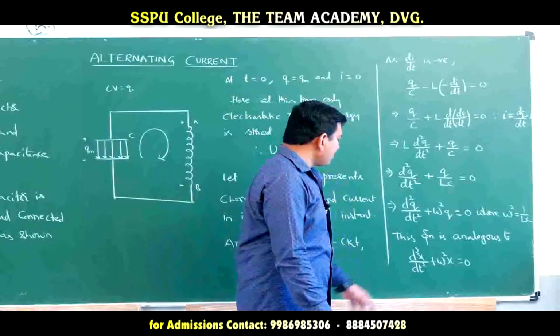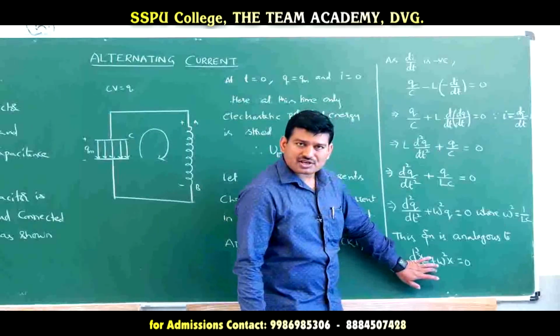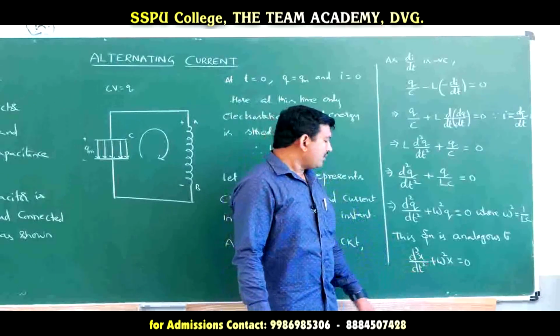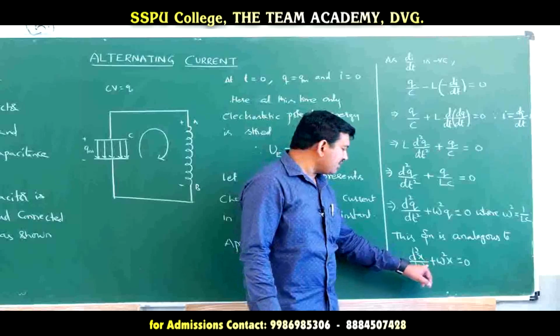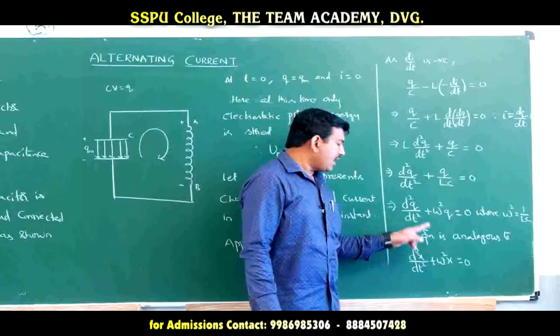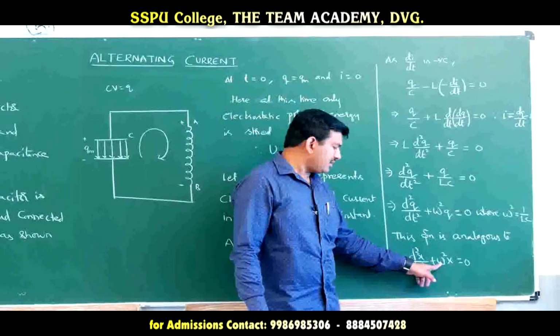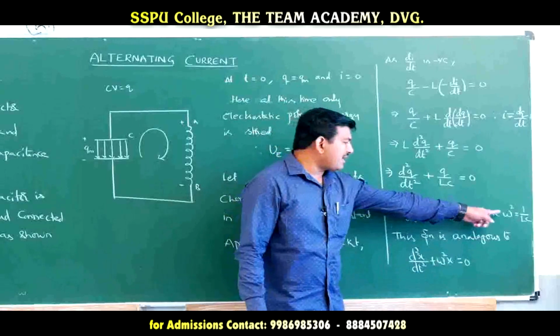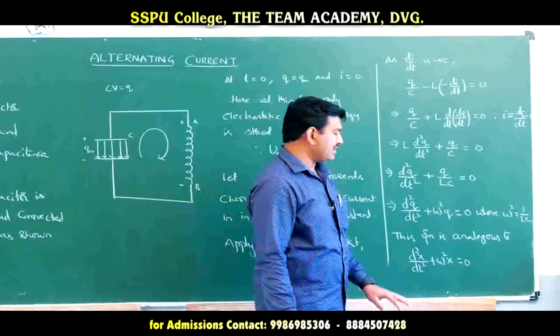Is it clear or not? So, this is the differential equation for a simple harmonic oscillator or a mechanical oscillator, where x is the displacement. Here, the role played by the displacement is played by the charge, and the role played by omega square, that is equal to k by m, is played by omega square is equal to 1 by LC.